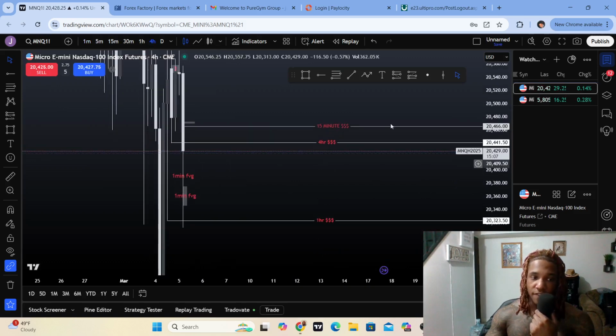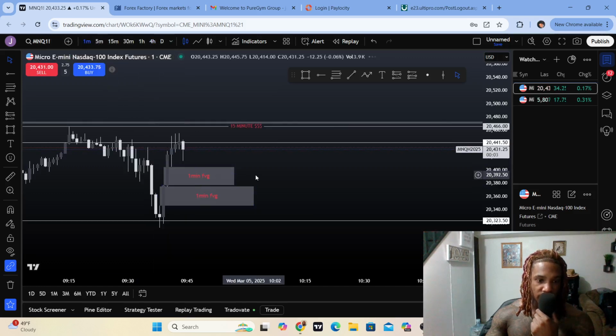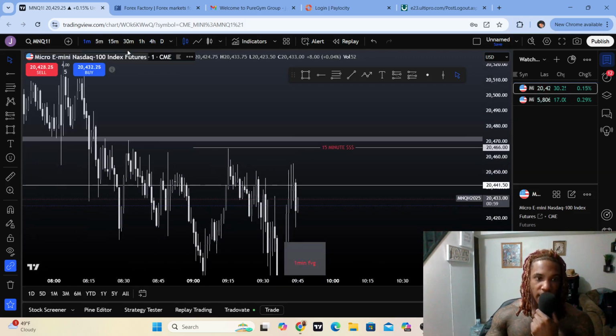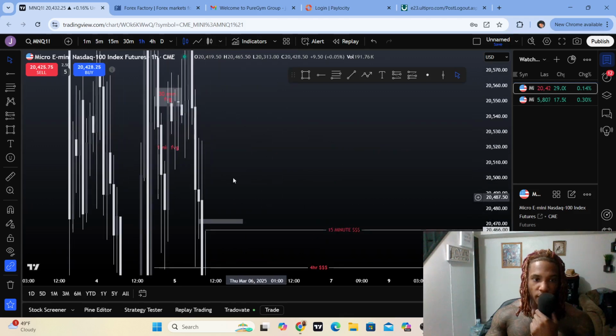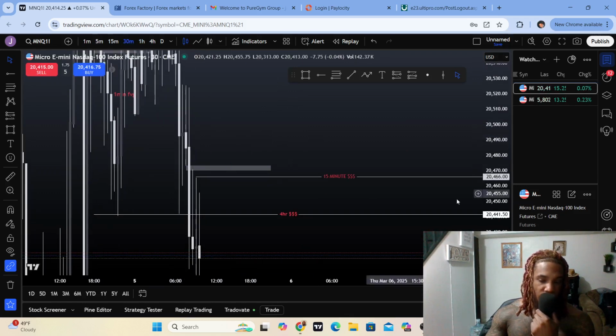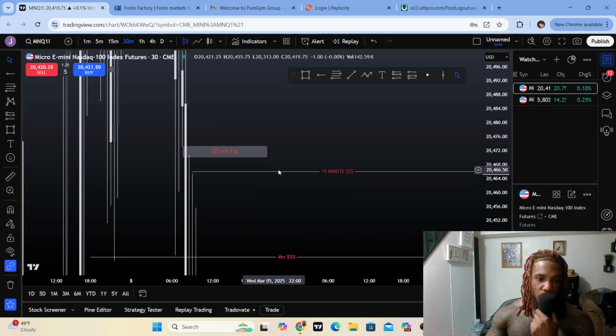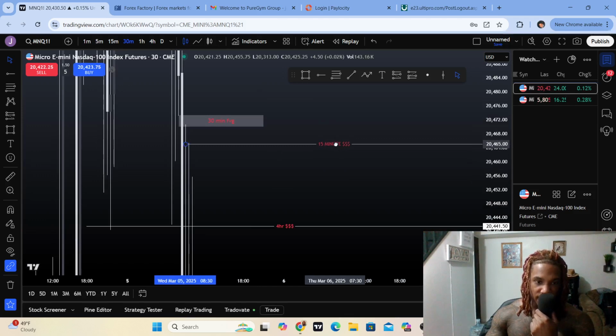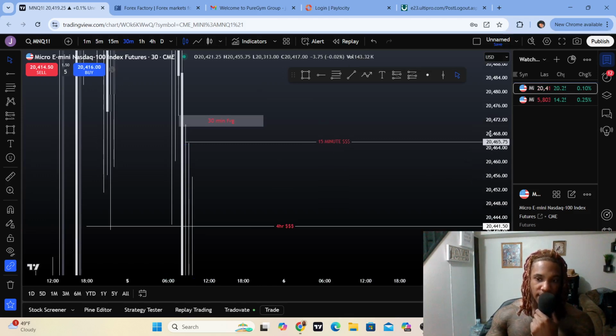So, buys today is 50-50 because honestly, guys, this little retracement or this little sweep can be a sweep to tap into these 15-minute highs or this 1 hour fair value gap and then go down, or this 30-minute fair value gap and then go down. We have a lot of options here, which is why the bias is 50-50.